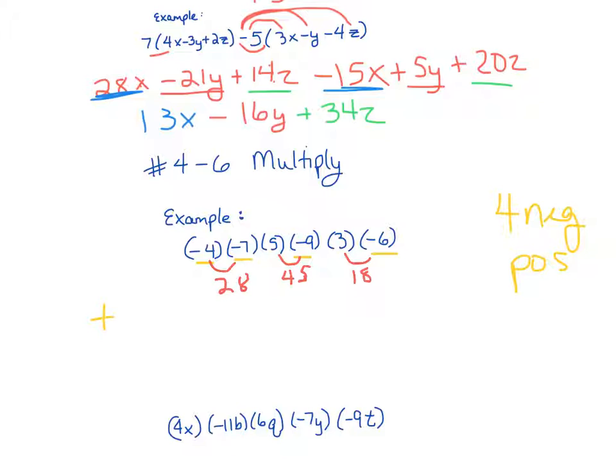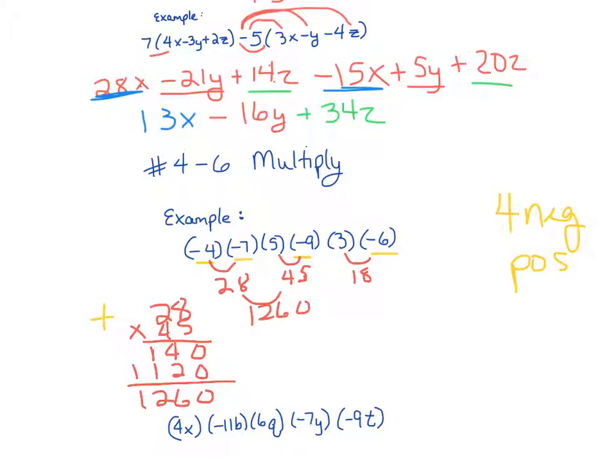So here, now I'm going to go back. Now I'm going to multiply these 2. And 28 times 45 is 1260. Now that gave me 1260, and now I'll multiply that with the 18.